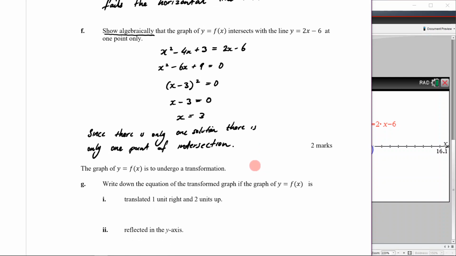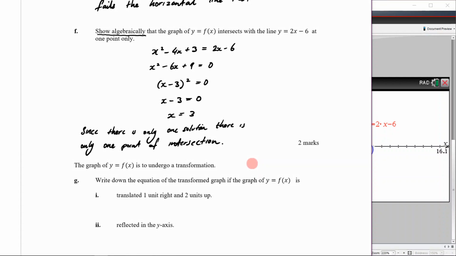Perfect. There we go. That's all we'd need for that one. Since there is only one solution, there is only one point of intersection, because it wanted us to show algebraically that the graph of y equals f of x intersects the line y equals 2x minus 6 at one point only.